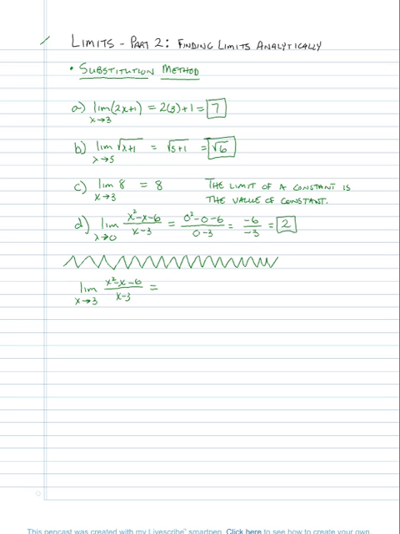And when we do our substitution method this time, we would get 3 squared minus 3 minus 6 divided by 3 minus 3. Of course, we recognize the denominator is an issue right now, since 3 minus 3 is 0. But if we calculate the value in the numerator, we'll also find we have the value 0. And when we have this situation, we call 0 over 0 an indeterminate form.